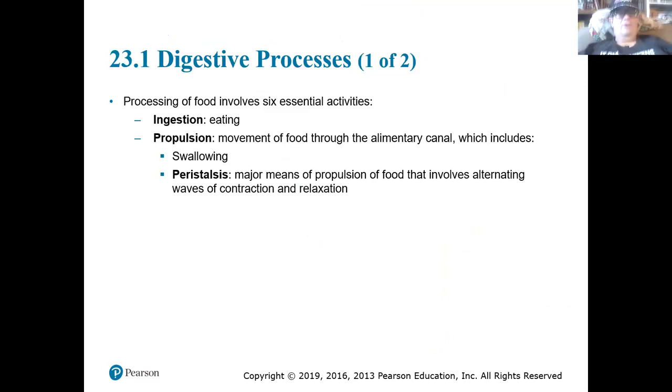So in the digestive process, we have ingestion, that means taking food in. So eating, in. The in should be your mnemonic to remind you that's taking food in. Propulsion is moving food through the canal. And the two main things there are swallowing, which starts out as a conscious decision, something with muscles under conscious control.